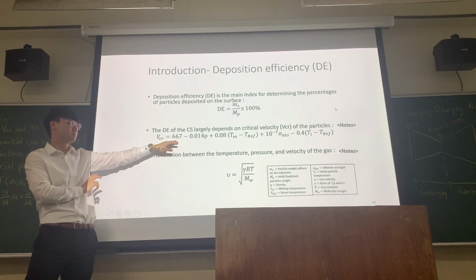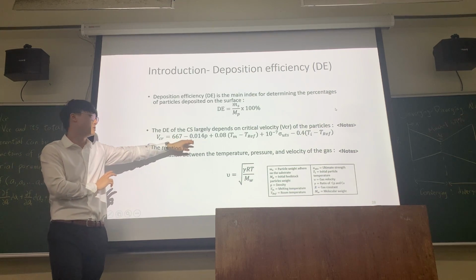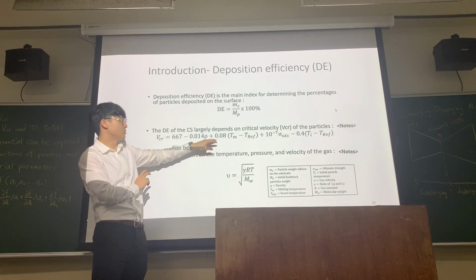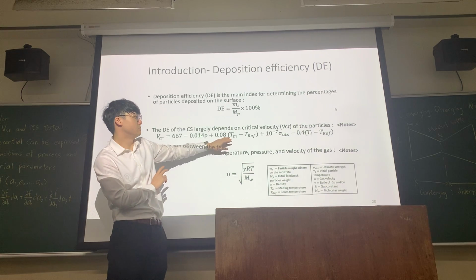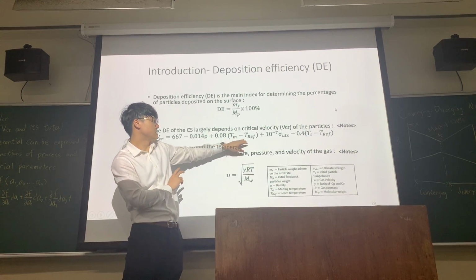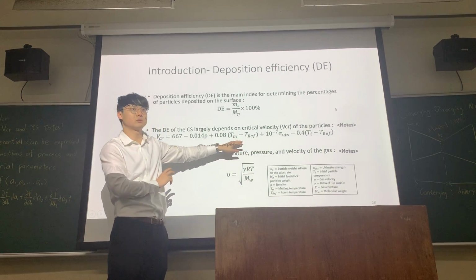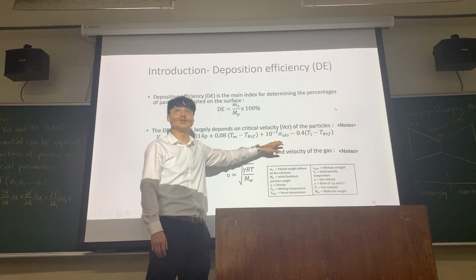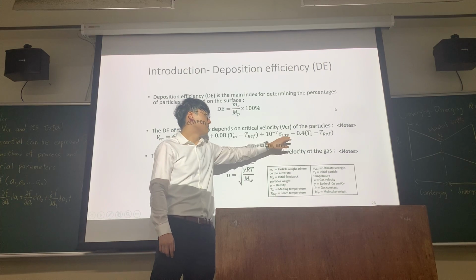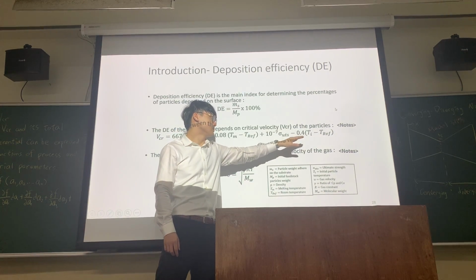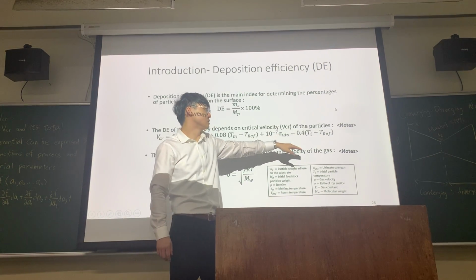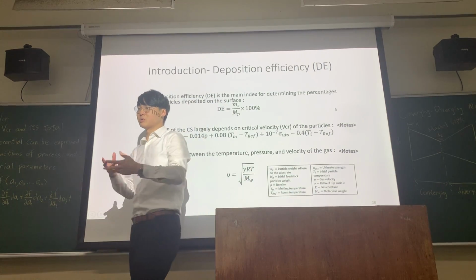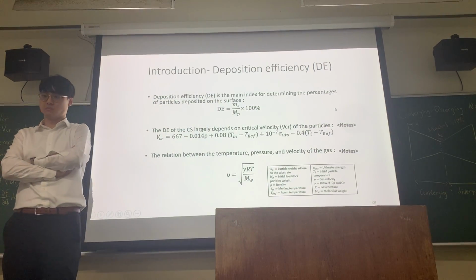So 667 meter per second minus 0.014 density plus 0.08 Tn, the melting temperature of the particle, minus T reference, whatever particle you're using, plus 10 to the power minus 7 UTS, the ultimate tensile strength, minus 0.4 Ti, plus Ti minus TR. Ti means the initial temperature when you spray.